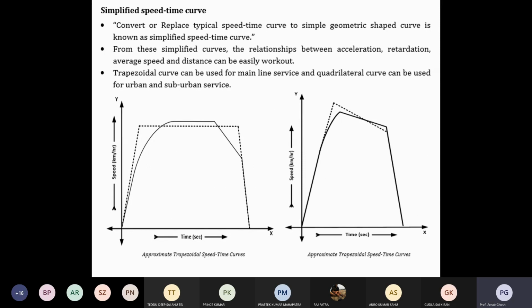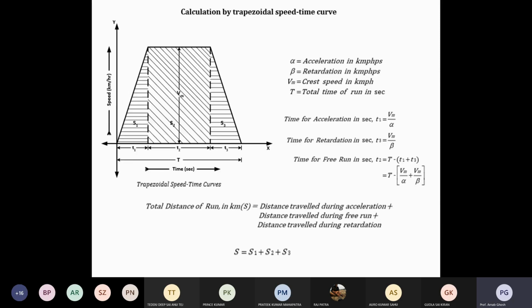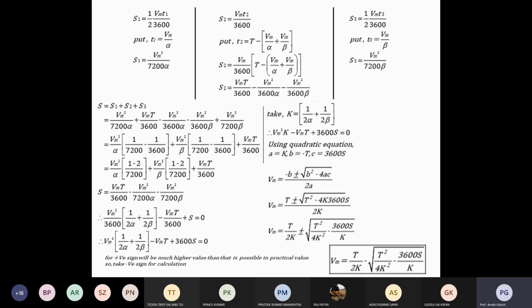First you can see the trapezoidal speed time curve and the total calculations using the Sridharacharya formula. You get the roots. Two types of speed you can observe, positive and negative. You should consider only the positive speed, and the negative speed should not be considered. Finally you implement that formula to solve the numerical problem.